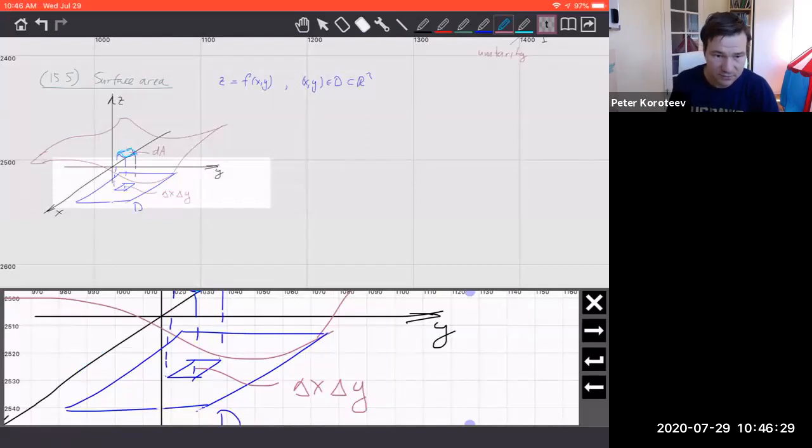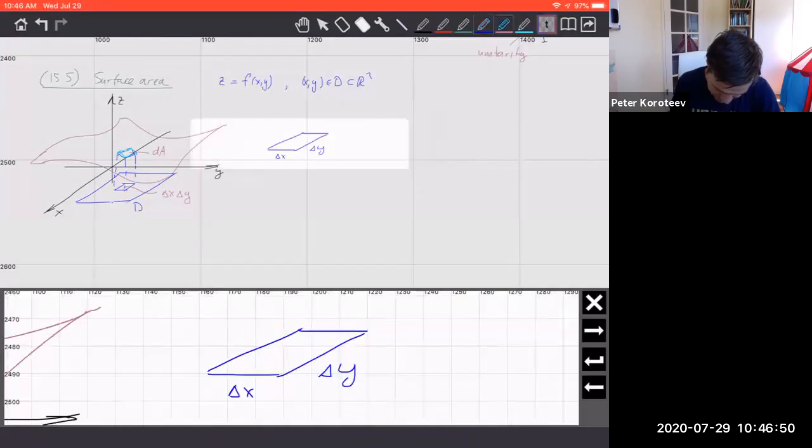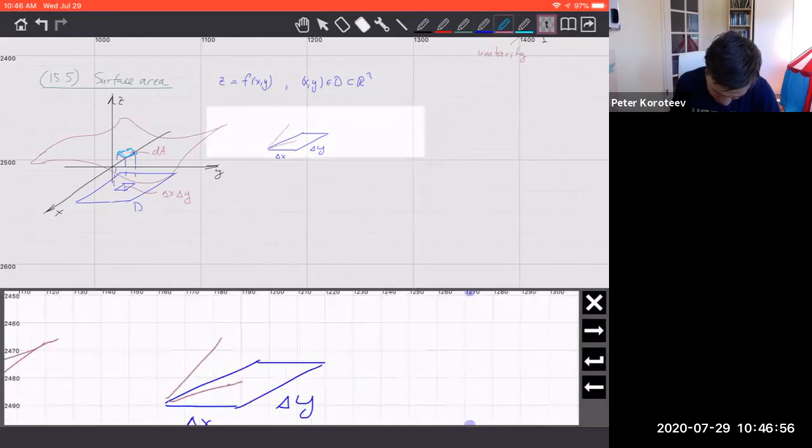But now what happens if we tilt it, right? So now I'm going to magnify a little bit the same color. That's the small plaquette, delta x delta y. And then the part of the surface might look like this. So if we zoom in close enough, it would look like a parallelogram, like this, right?